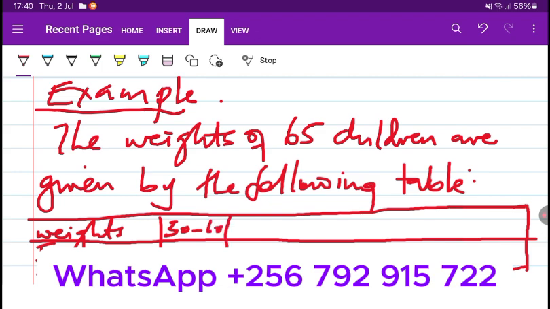Then they have given us 60 to 70. They have also given us a class of 70 to 80. We have a class of 80 to 90.